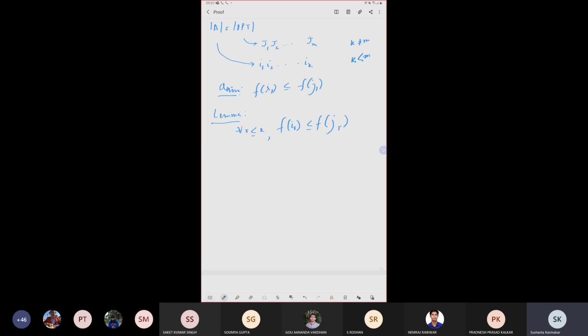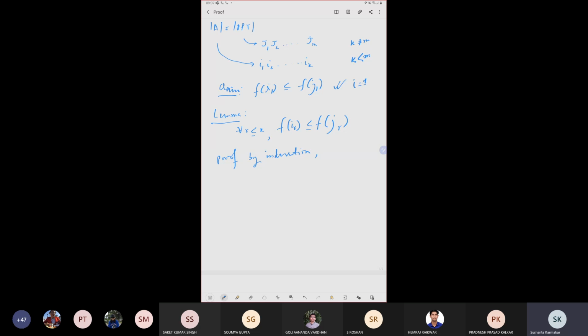Okay, so this thing we prove by induction. How is this actually proved for the case r equal to 1?